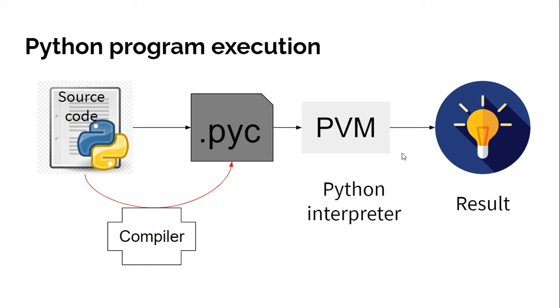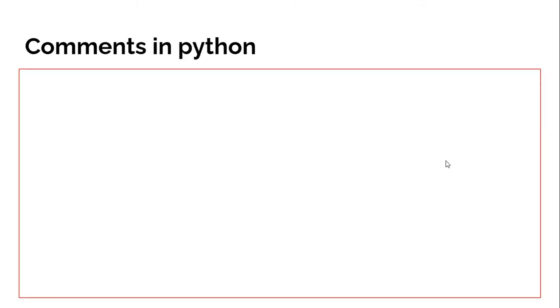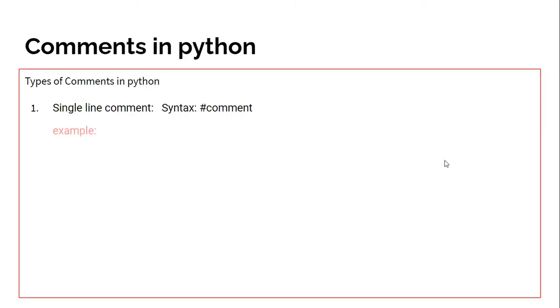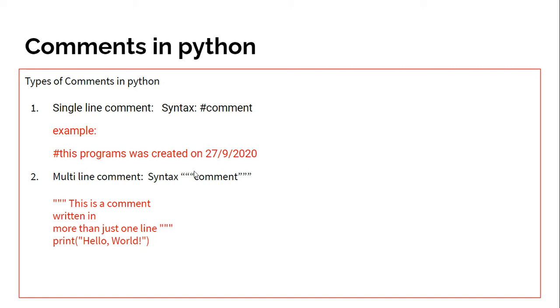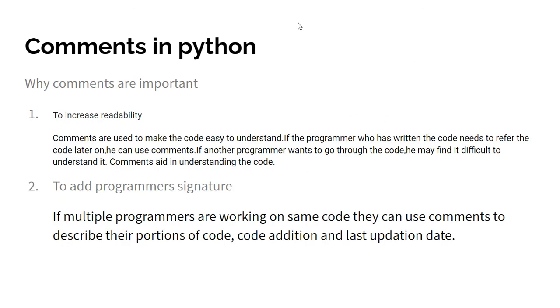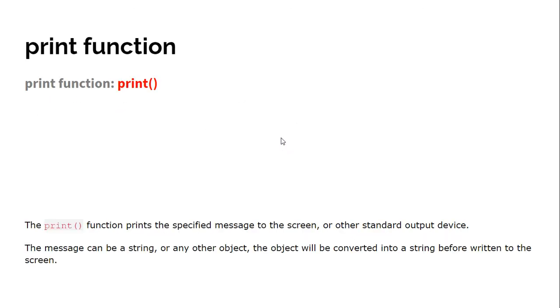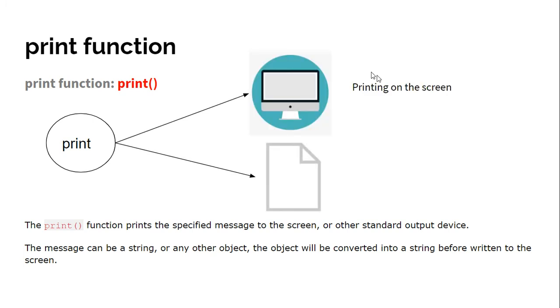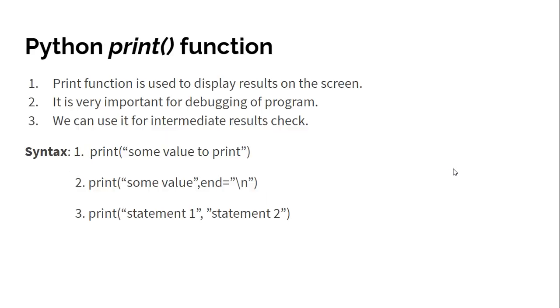I think no one has a question, and I explained comments. A comment can be a single line comment or multi-line comment, and I told why comments are important. After that I explained the print function. We use the print function to print on the screen or write to a file.